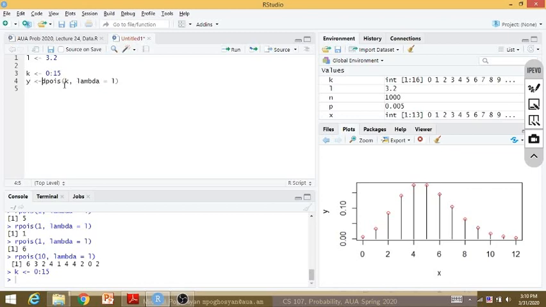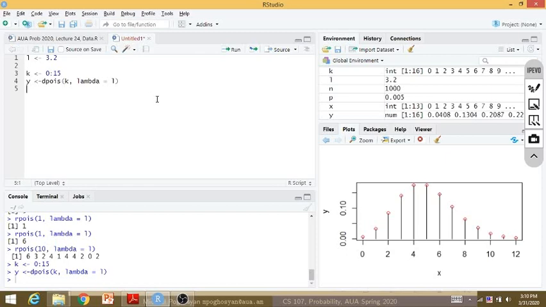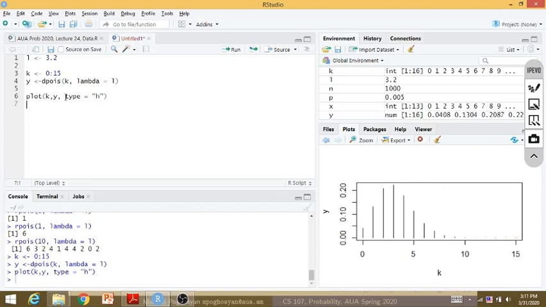Okay, and running this. So y is my vector of probabilities. Now I want to plot that, k and y, and I want to have it in this form with horizontal lines, so type is equal to h. If I run this, I will have something like this. Okay, so what is this showing?